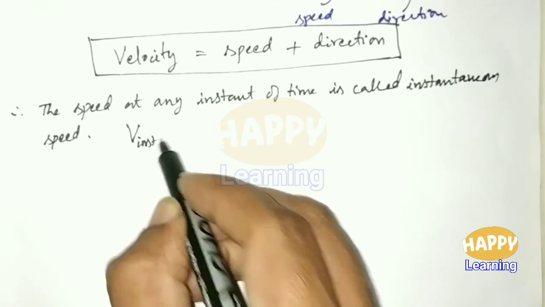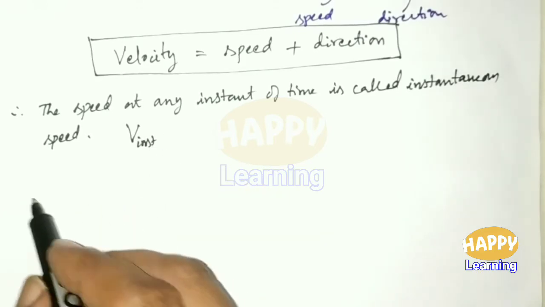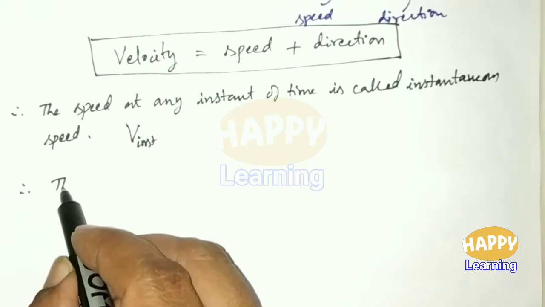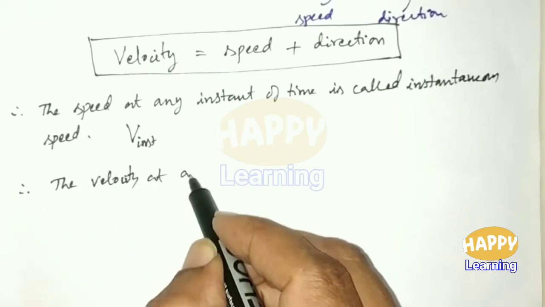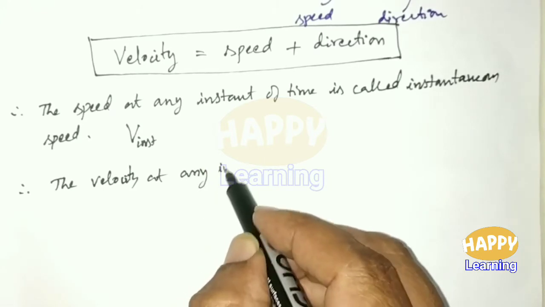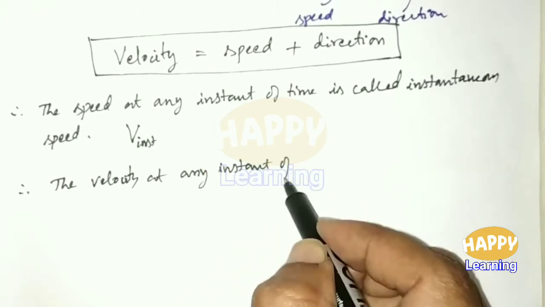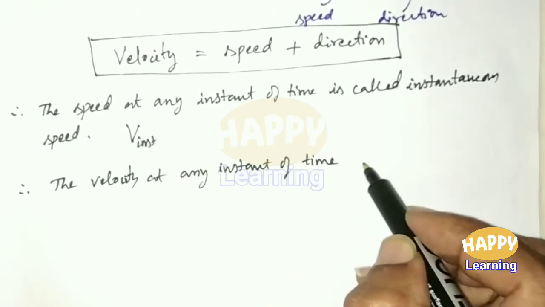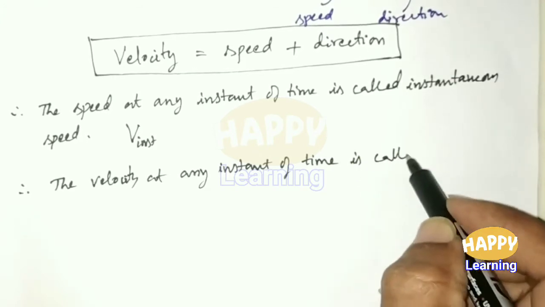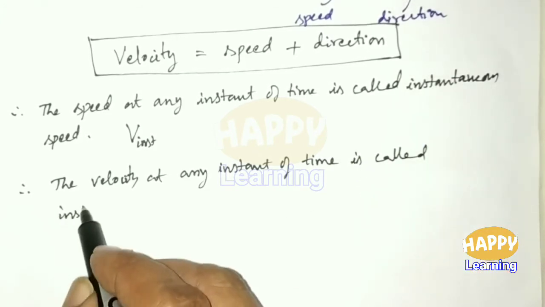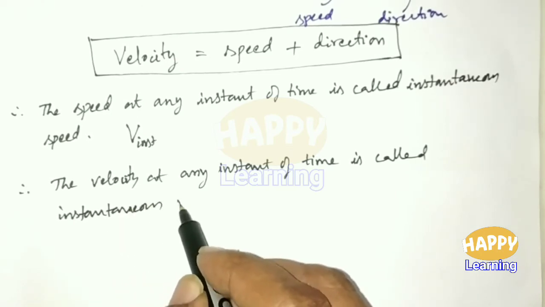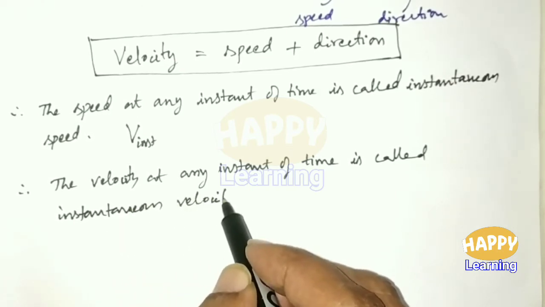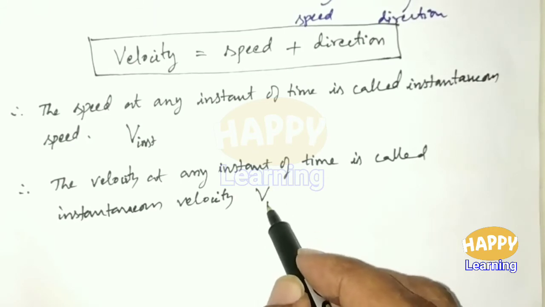Use the symbol V instant, INST. And similarly, the velocity at any instant of time is called instantaneous velocity. Use the symbol V instant.